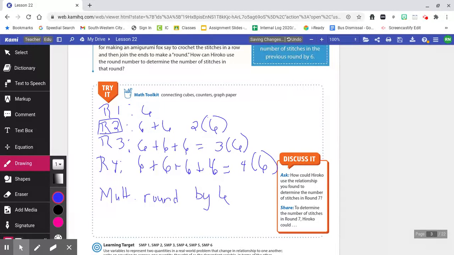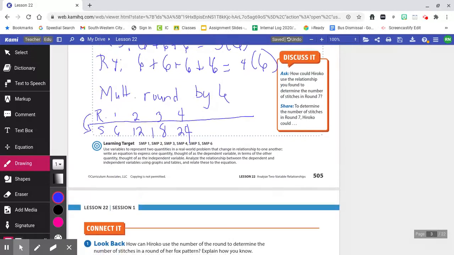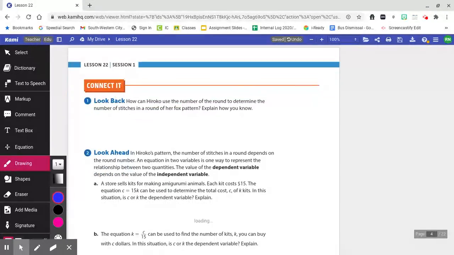You could have also made a table where you had the round and the stitches. Round 1, I had 6 stitches. Round 2, I had 12 stitches. Round 3, I had 18 stitches. Round 4, I have 24. So again, hopefully you can see the pattern of what's happening from the round to the number of stitches. So now let's go ahead and look at the next page, 506.